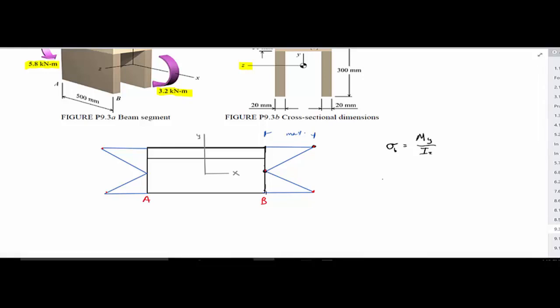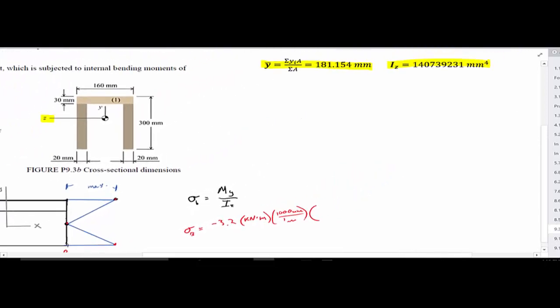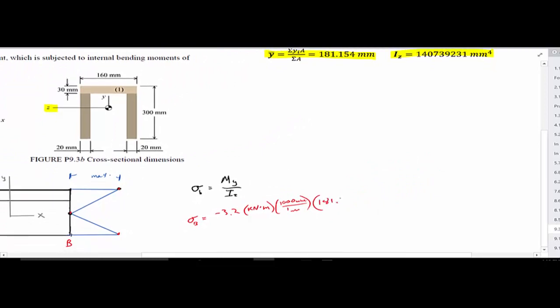For the bottom part, the bending stress at B is going to equal our moment, negative 3.2 kilonewton meters, multiplied by 1,000 millimeters per 1 meter for our units, multiplied by our distance from the neutral axis to this outermost edge, which happens to be our y bar that I calculated before: 181.154 millimeters.